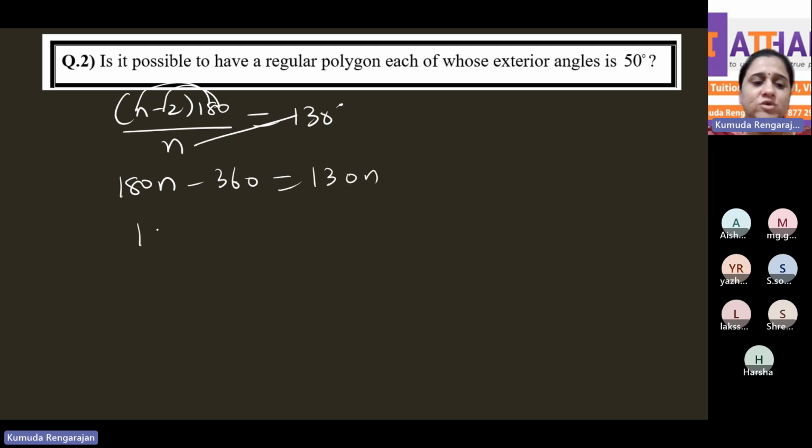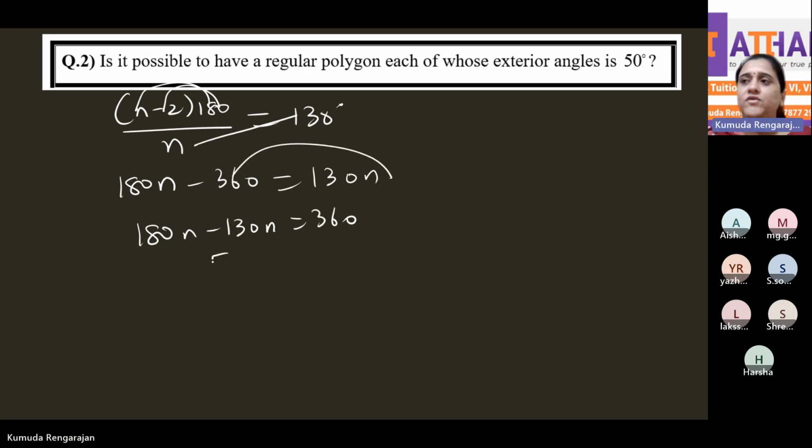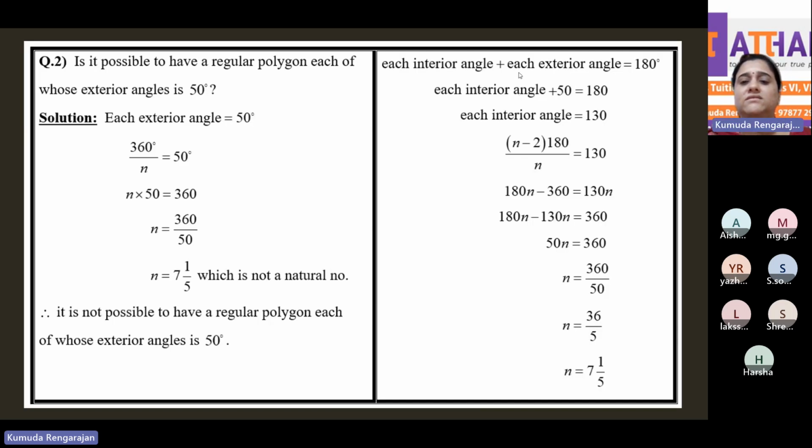Then gathering the N terms on one side and taking the number to the other side, 50N is equal to 360, and N is equal to 360 by 50, which is 7 1 by 5. So now you can take this down, children.